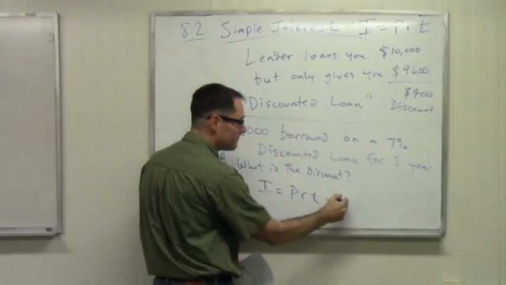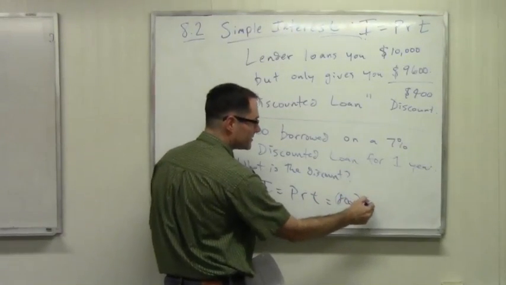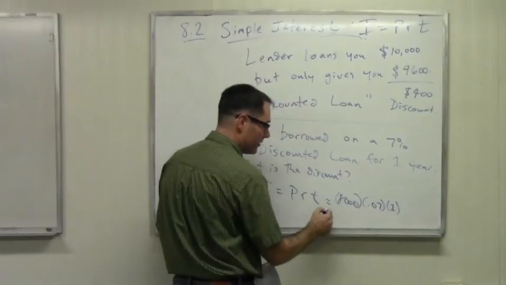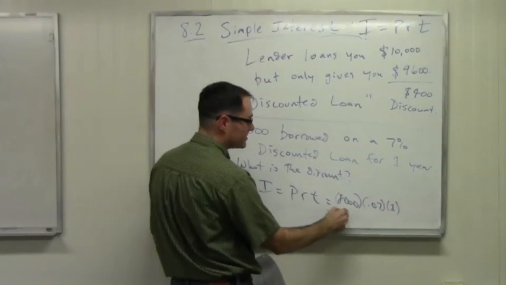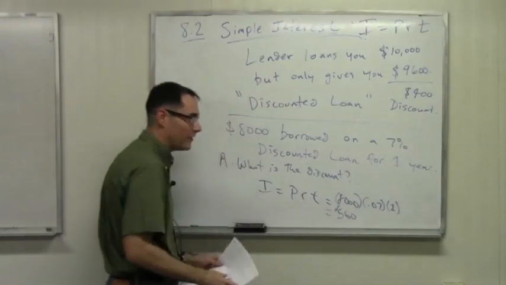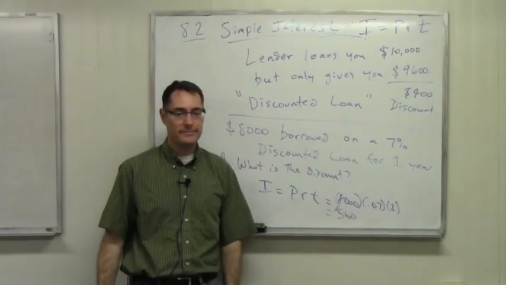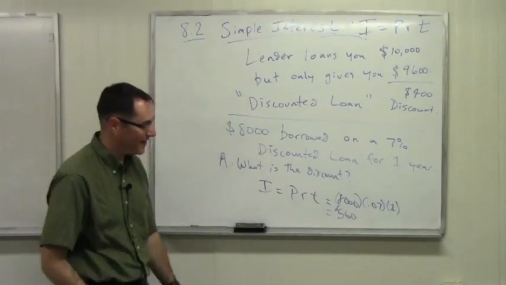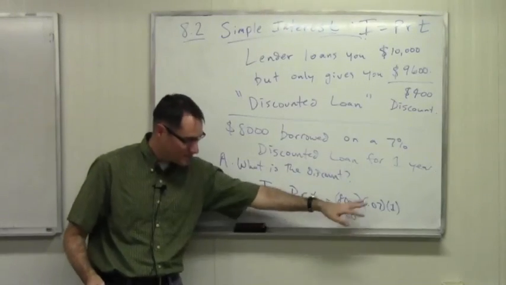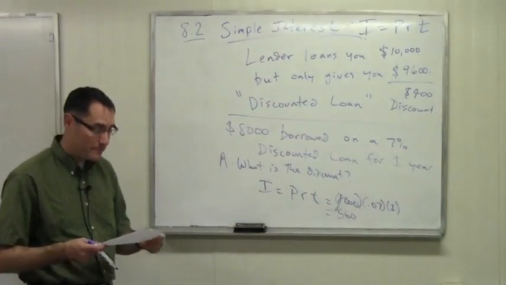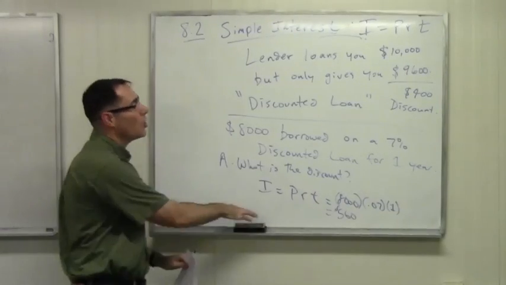Principal's 8,000, the rate is 0.07, and the time is 1 year. And you're right, it's $560. I bet the way Ben did that so quickly was because 8 times 7 is 56. All the zeros in there make it end up being $560. So that's the discount.